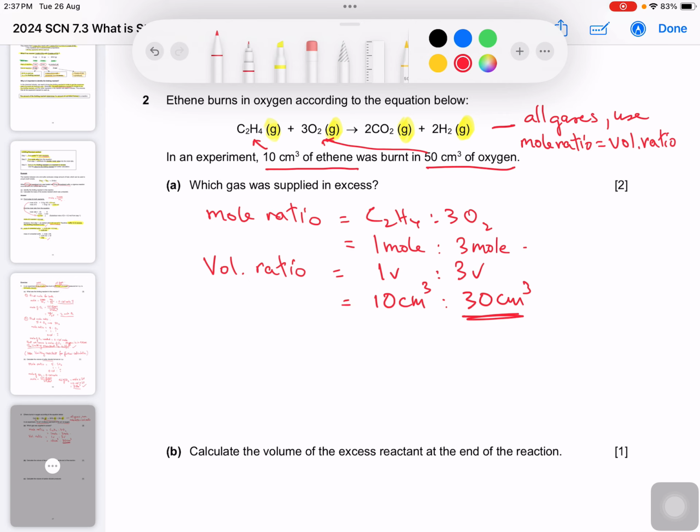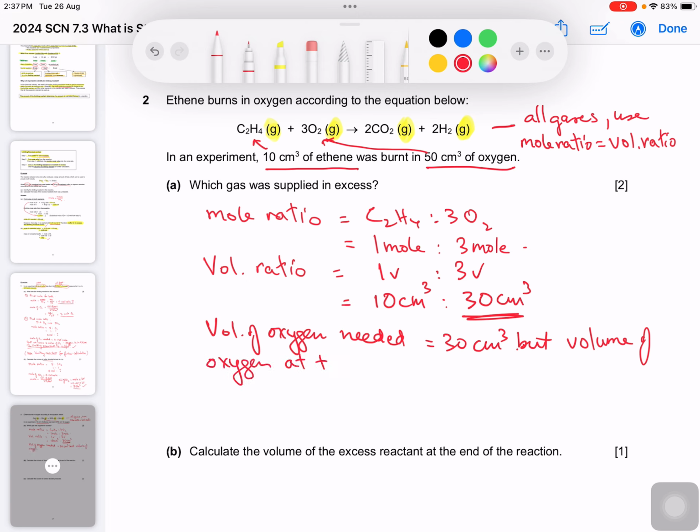Only 30 cm³ of oxygen is needed. But the initial volume of oxygen at the start is 50 cm³. Therefore, oxygen is considered to be in excess.